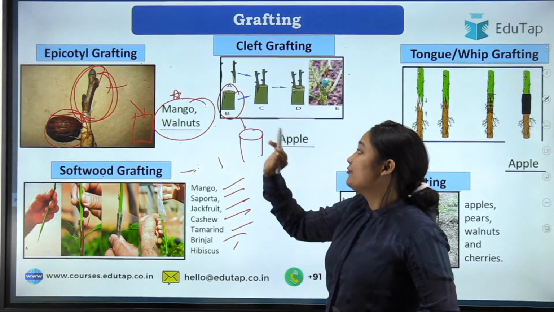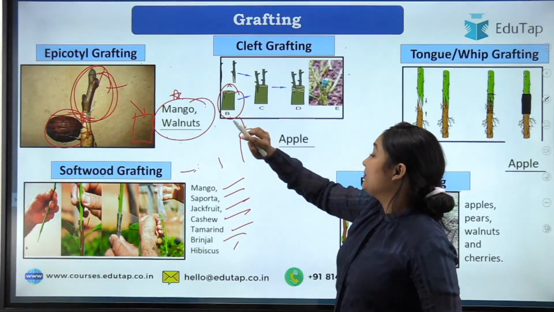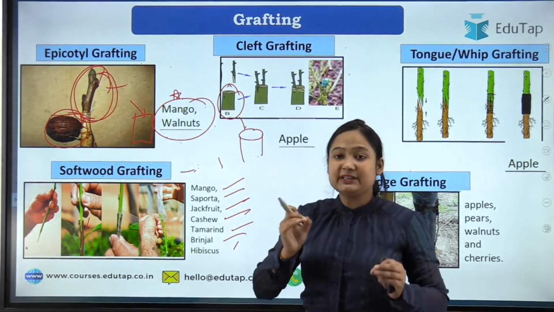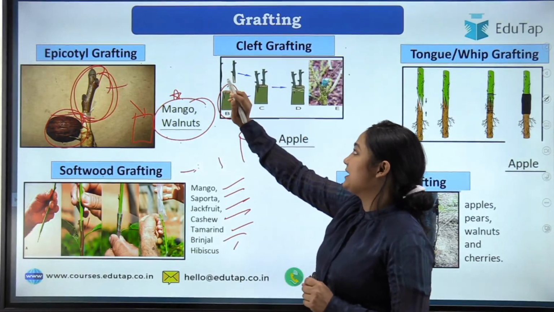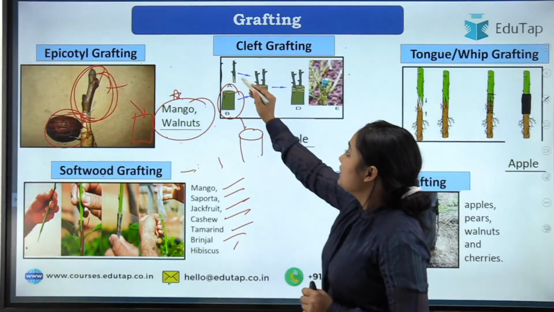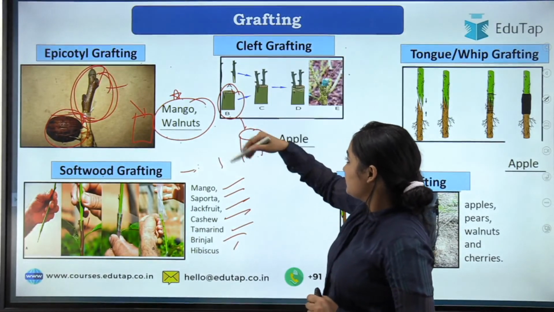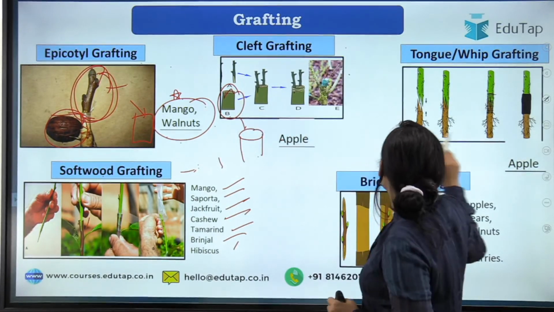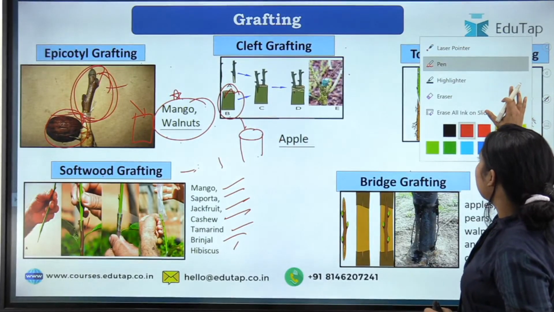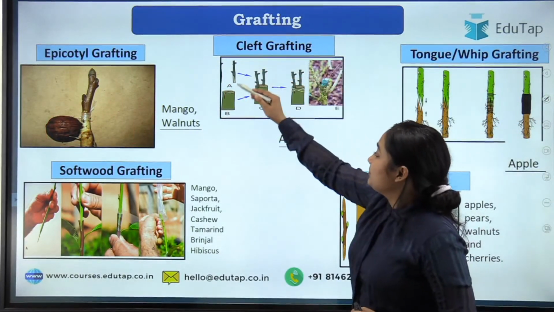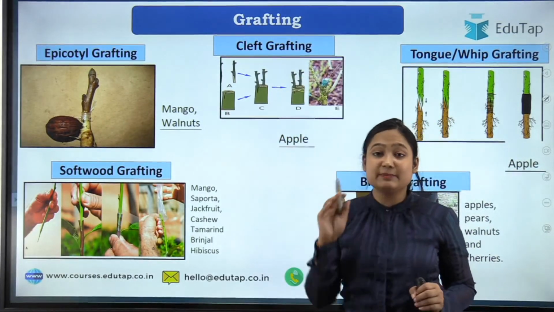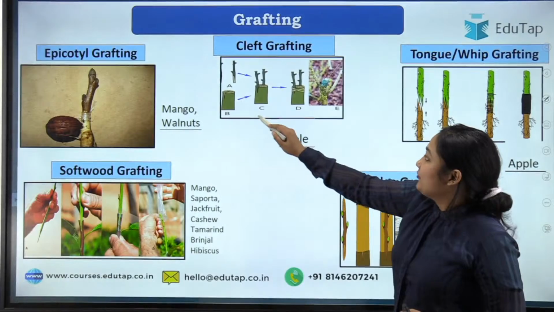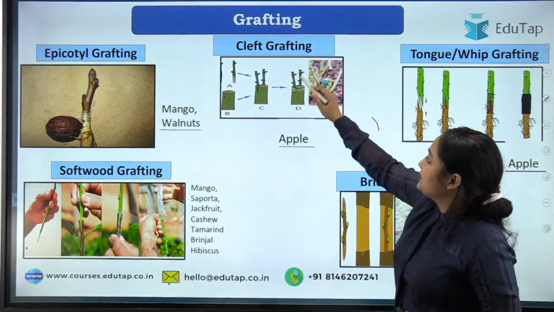For the scion part, you take soft or semi-soft wood, or ear wood, or hardwood. You put a wedge-like cut, a horizontal cut-like structure, in the parent part. Then you put in the scions, and a good point is that you can put multiple scions in the same plant. If it is not clear, you can see it in the picture.